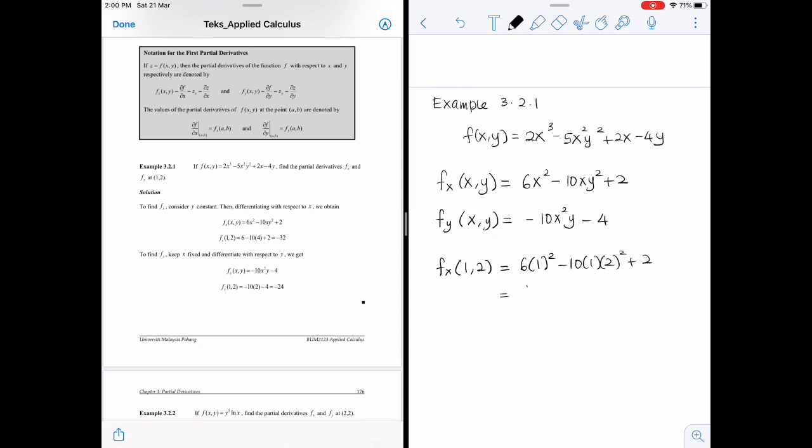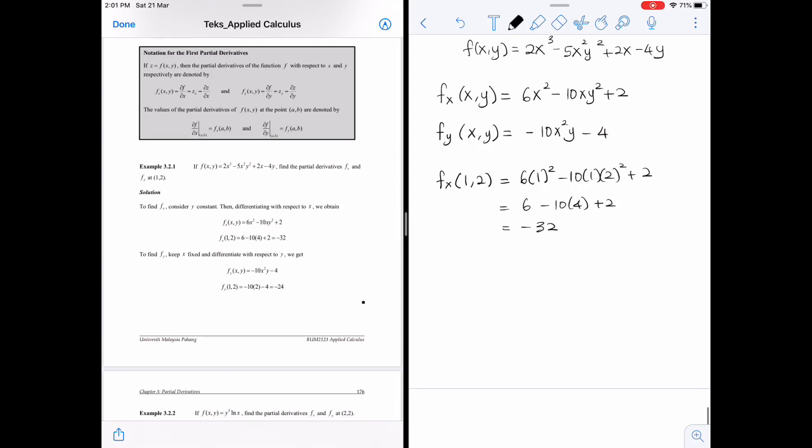So we have 6 minus 10 times 4 plus 2, equal to negative 32. Same goes for the partial derivative of f with respect to y at point (1, 2). We have negative 10 times 1 to the power of 2 times 2 minus 4. So we have negative 24.